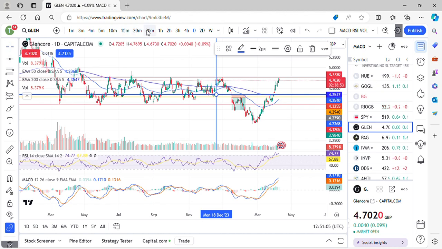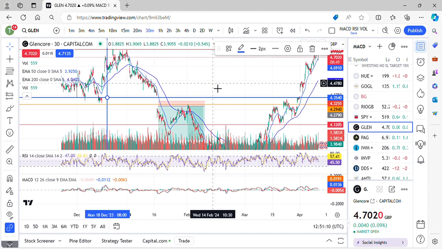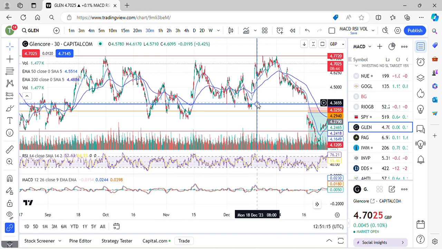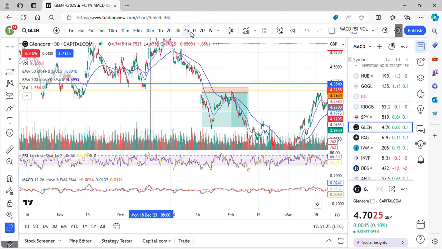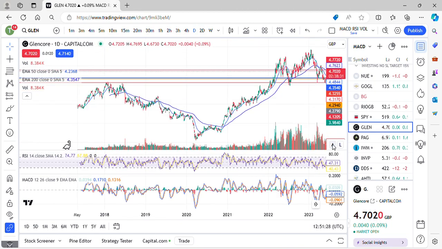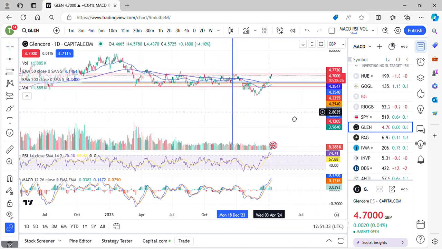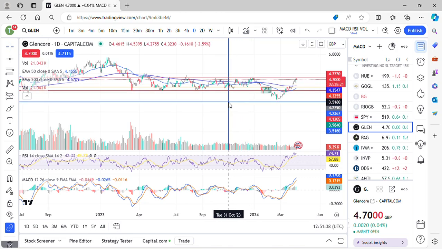If we go to the 30-minute time frame, where was that now? Here we are. There's my cross that I drew on the daily time frame. Let me just go back up and have a look. I actually started confusing myself because I've got the orange ones on there as well.